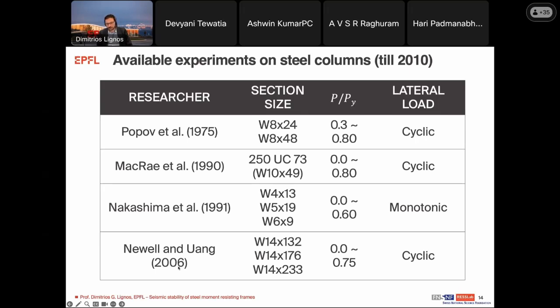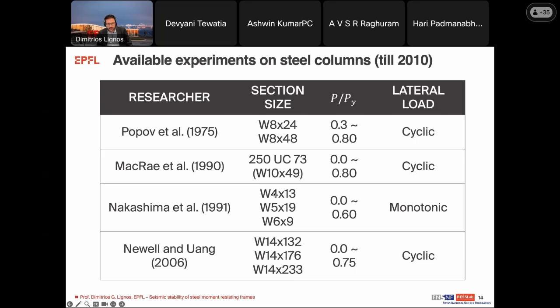Only till 2006, where Professor Wang at the University of California in San Diego tested columns here that are quite heavy, but they are meant to be used in braced frames or frames with buckling restraint braces, you would get to something reasonable that is actually used in buildings.